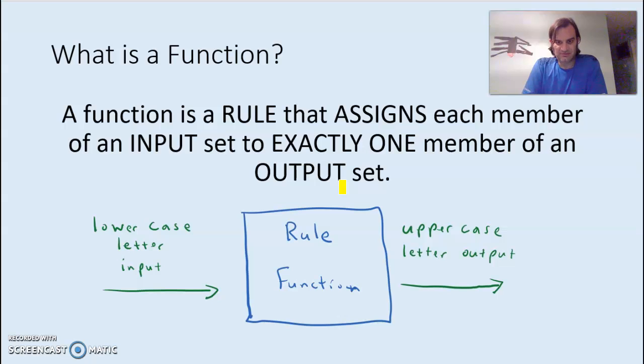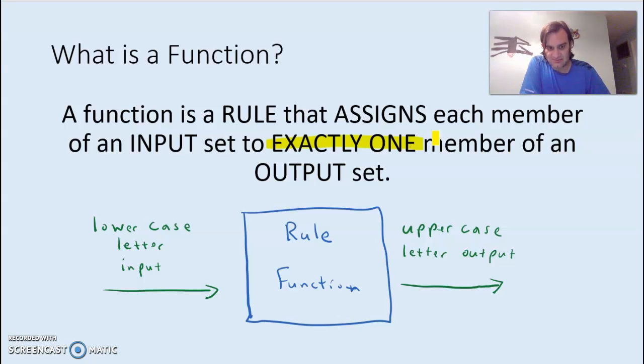So by rule, I could mean a graph, an equation, just some type of mapping. An input is basically things we might put into a machine or an equation, and output is what the machine or the equation might give us back. And the thing that makes this a function is every input has exactly one output.